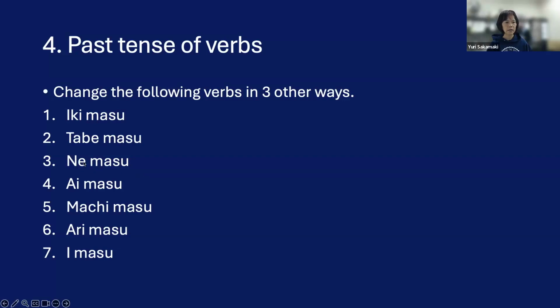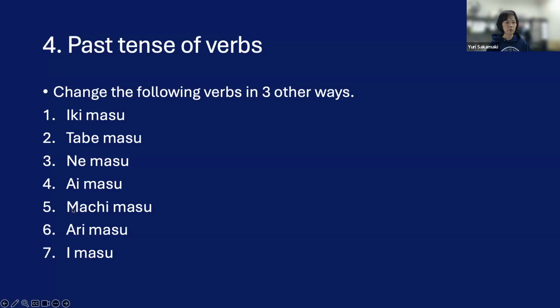So number 3, 寝ます, to sleep, 寝ません、寝ました、寝ませんでした. Okay, 4番, 会います、会いません、会いました、会いませんでした. So this was to meet.